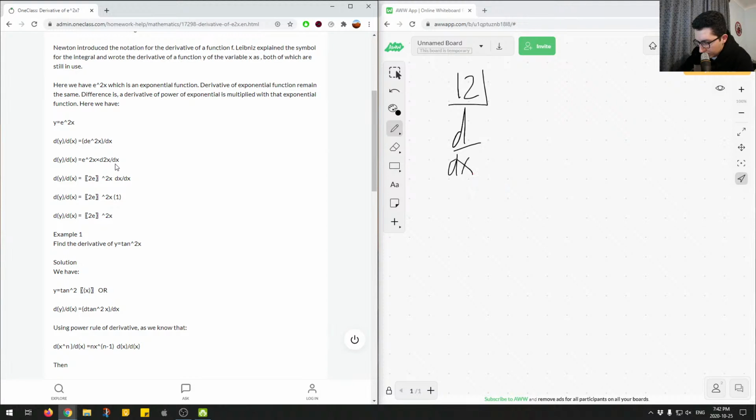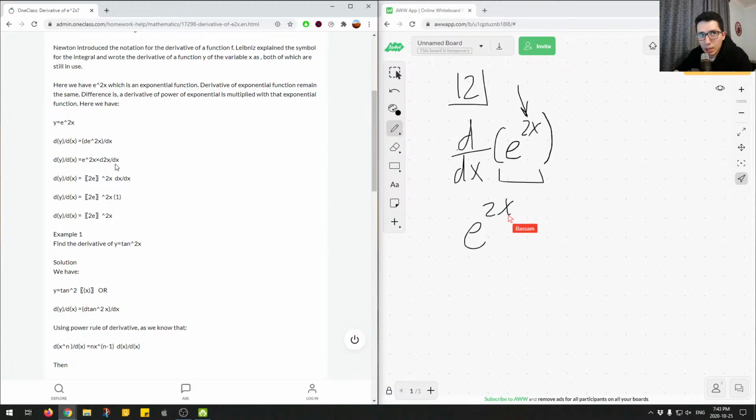Sorry, let me erase that. So for the derivative of e to the 2x, I think about the outside as this, and the inside is the exponent. I would do the derivative of the outside, which is just e to the 2x, multiplied by the derivative of the inside, which is 2x in this scenario.